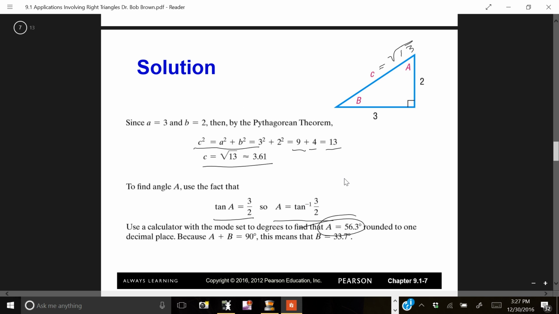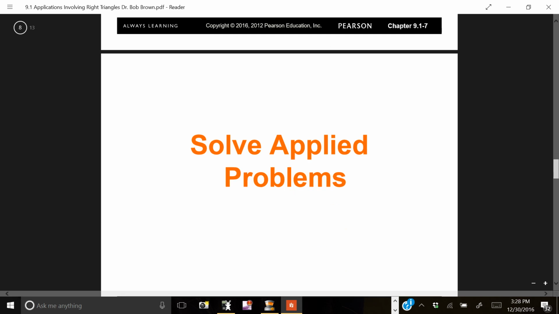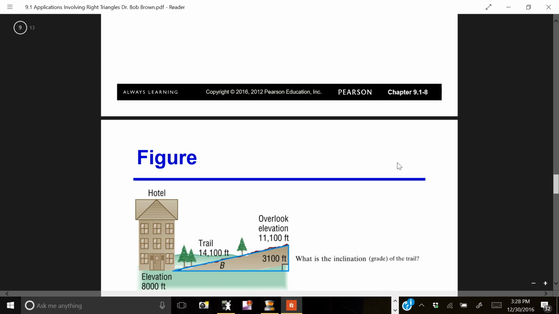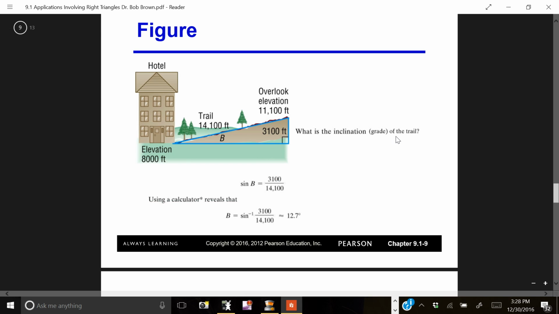Now, notice that in order to get B, B is going to be 90 minus 56.3, which is 33.7 degrees. Now we're going to solve some applied problems.